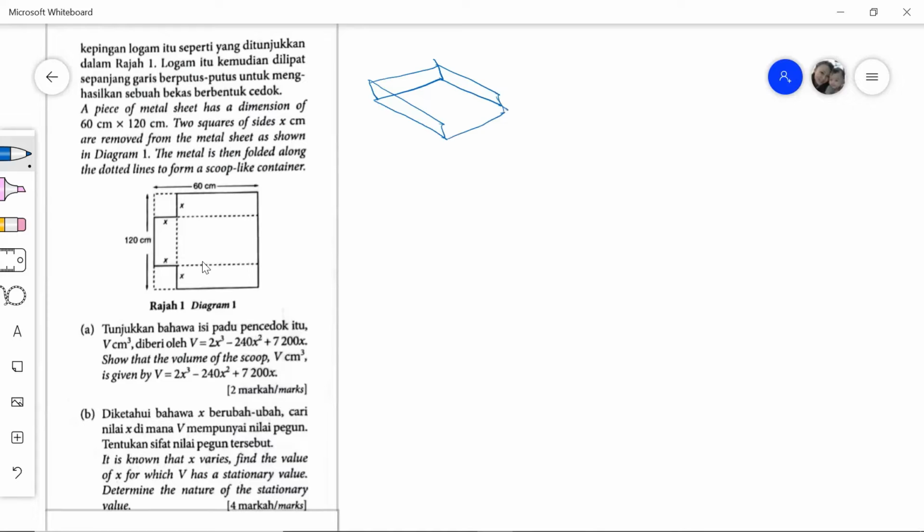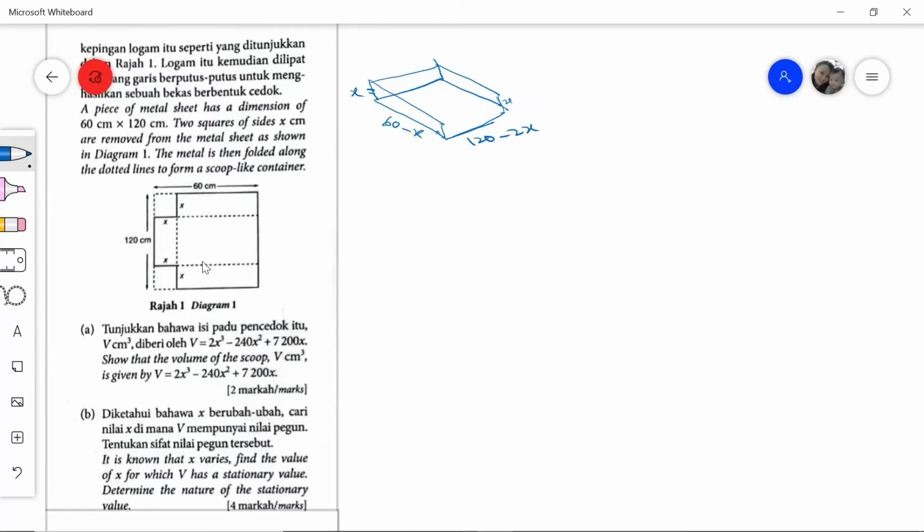Over here, the height, the depth of this container is x. And this side must be 60 minus x, whereas the one in the middle, because this is x, we will have 120 minus 2x.